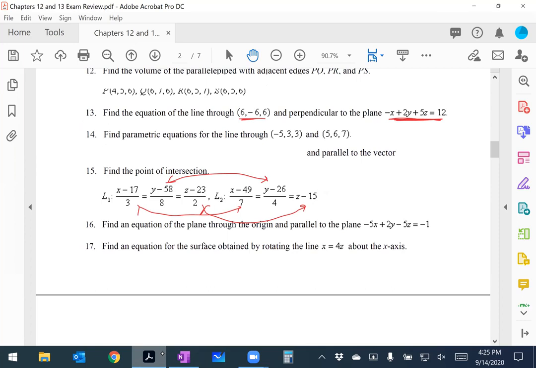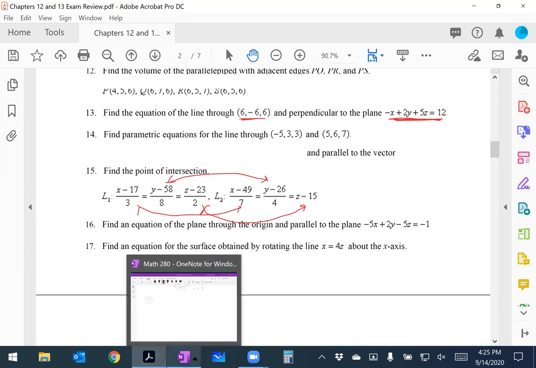So here's the idea: we're going to use the definition of a plane. How do we get a plane? Well, the vector that's orthogonal to that plane gives the coefficients. So the normal vector to the plane gives me, well, let's look at the definition of a plane real quick.